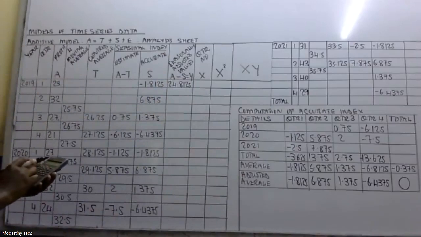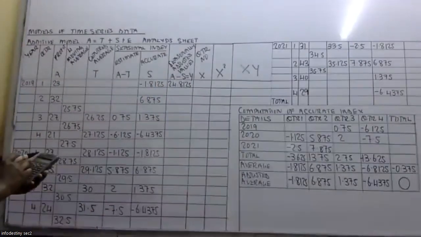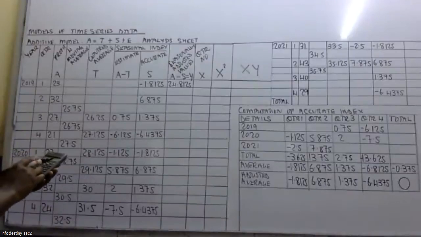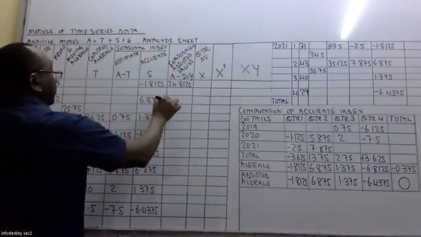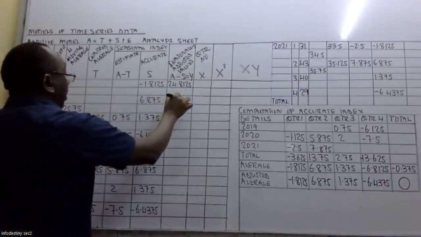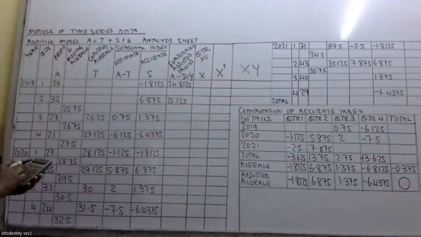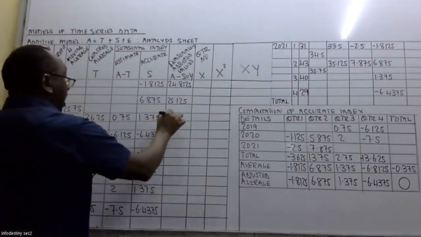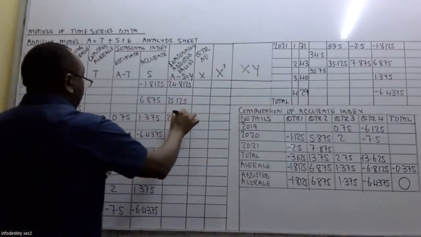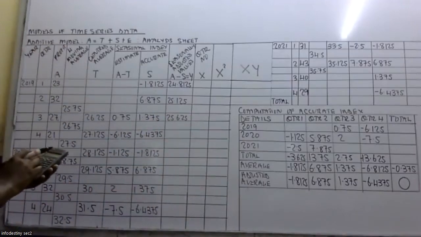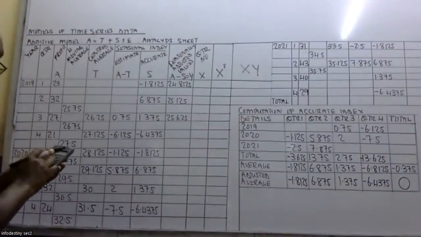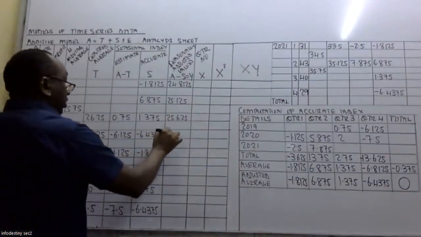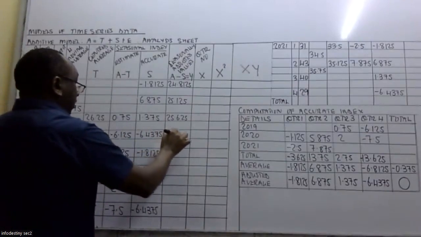The next is 2 minus 6.875, which is 25.125. 27 minus 1.375 is 25.625. 21 minus 6.4375 is 27.4375.